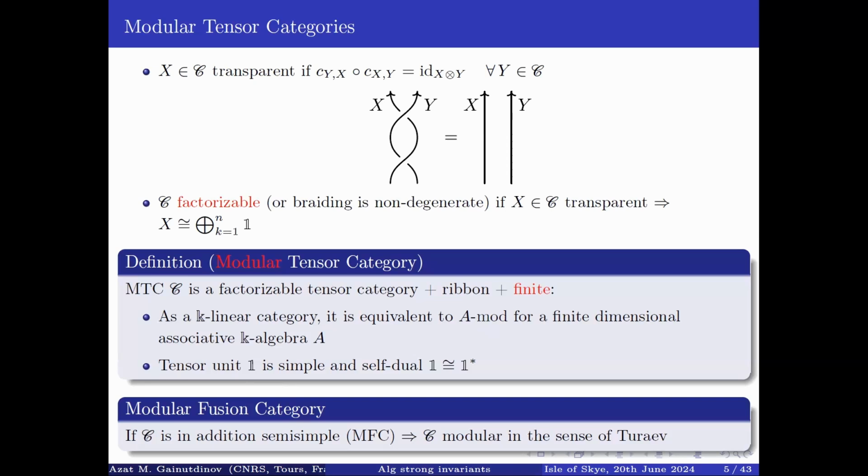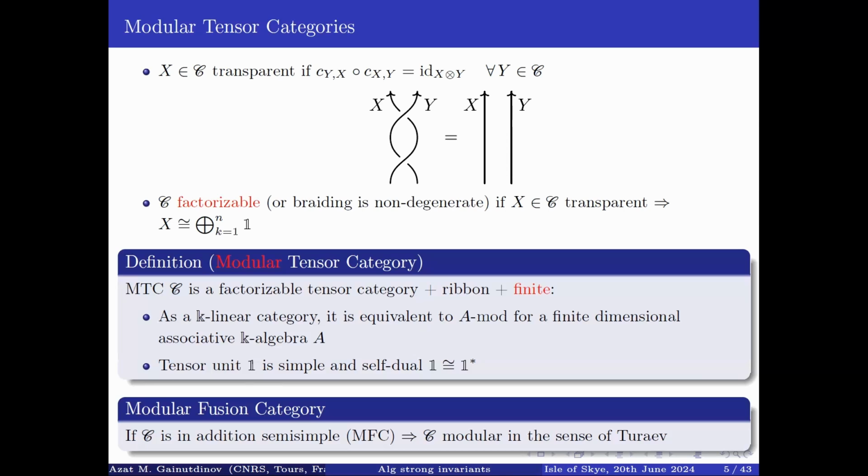And then if the category is semi-simple, this I will call a modular fusion category. And then it's modular in the sense of Turaev. So Turaev introduced the notion of modular fusion category. I mean, at that time they were called modular tensor categories, but if it's semi-simple, I don't emphasize it, the fusion category.